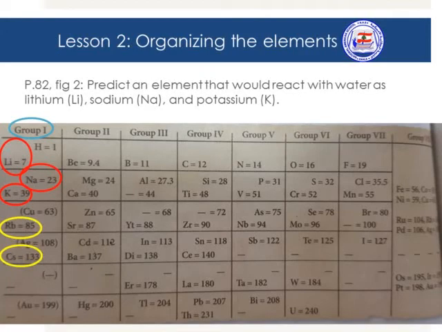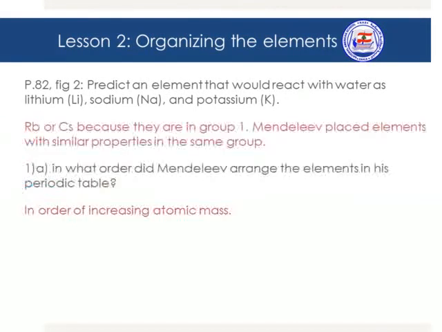So to find other elements that have the same properties, such as reacting with water, these elements should be in the same group. So we look in the first column, which is group 1. We can, for example, take Rb and Cs. These two elements would also react with water. So the answer for figure 2 would be Rb or Cs because they are in group 1. Mendeleev placed elements with similar properties in the same group.